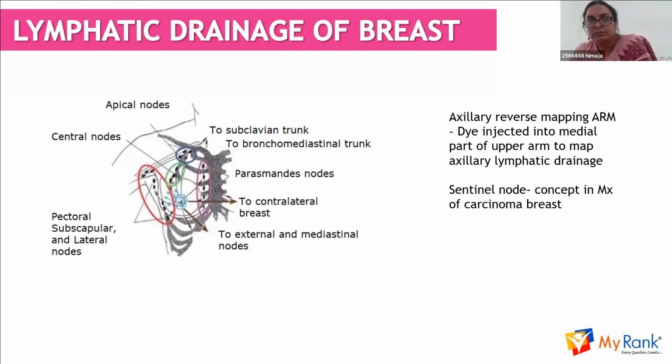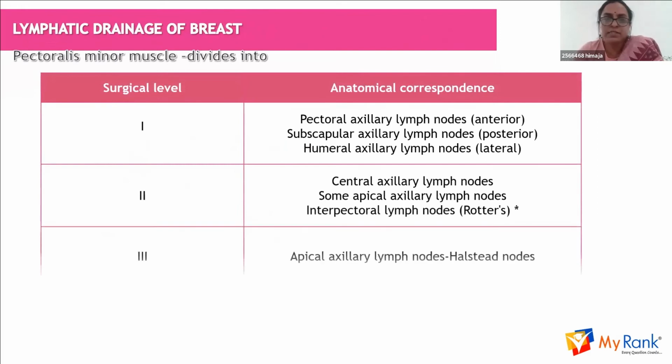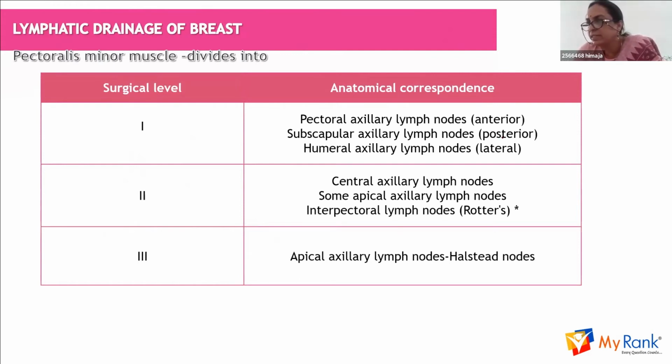Okay. So the pectoralis minor muscle divides the lymph nodes into levels 1, 2 and 3. Level 1 is, as said earlier, anterior, posterior and lateral. The level 2 group of lymph nodes comprise the central lymph nodes. A few apical may fall into this, and interpectoral or Rotter's nodes.